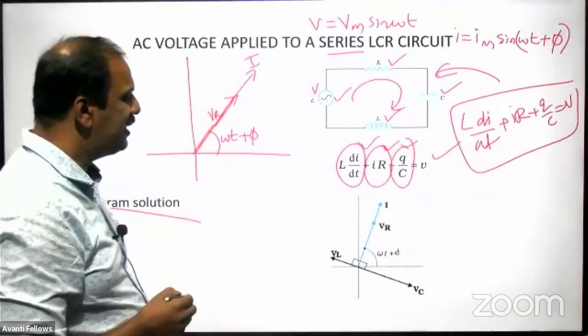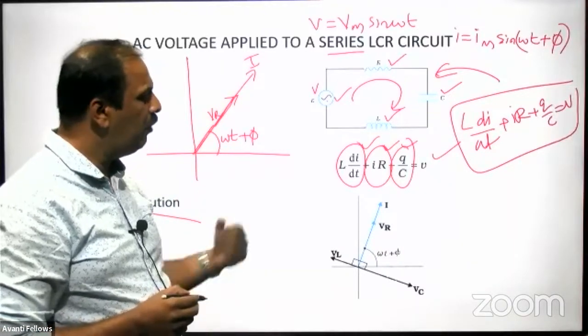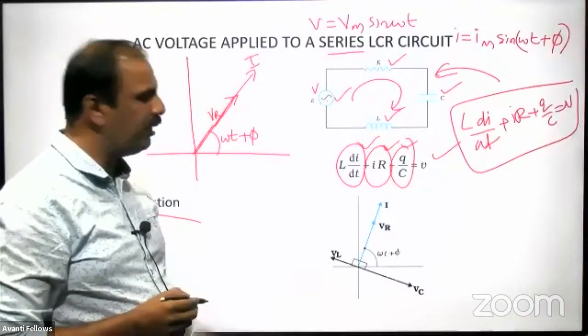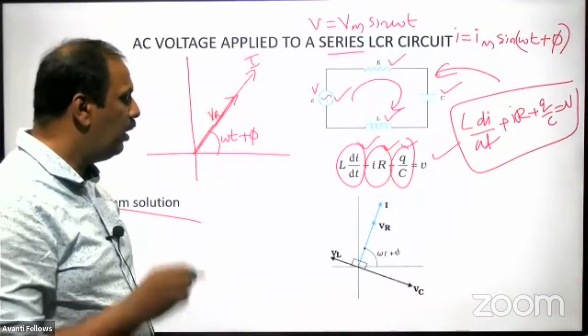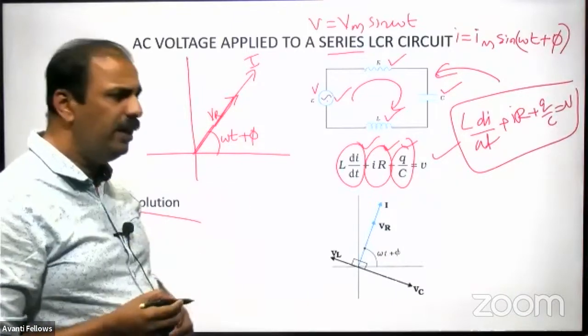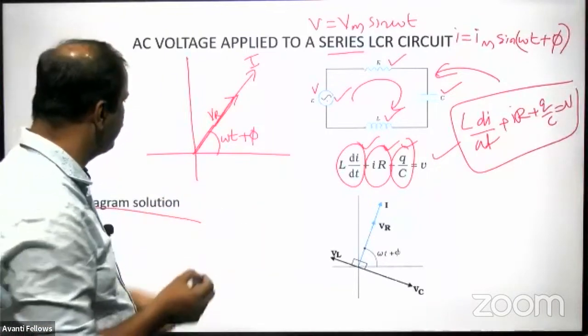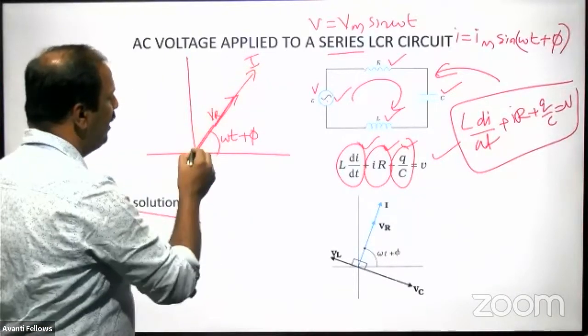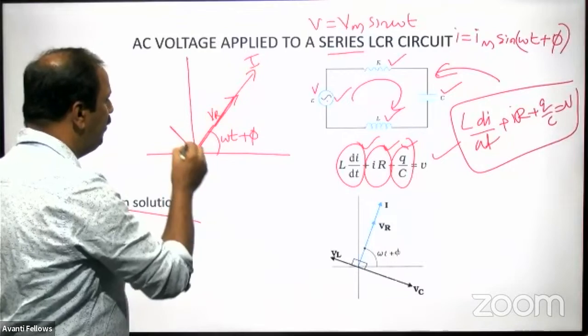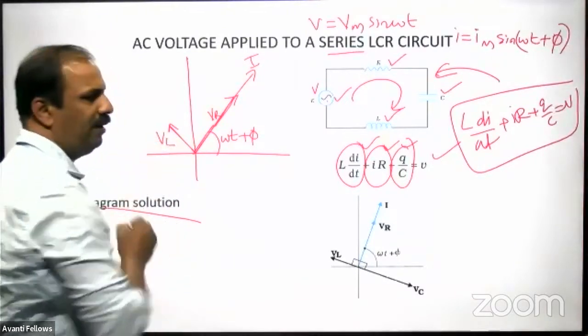Now we have to discuss voltage across inductor and voltage across capacitor. In which case will it be leading? You know, in the case of inductor, the voltage leads. So if current is like this, the voltage across inductor will be in this direction. This is voltage across inductor VL.